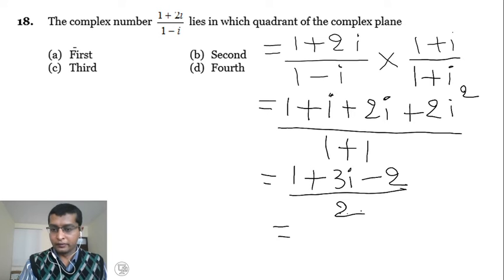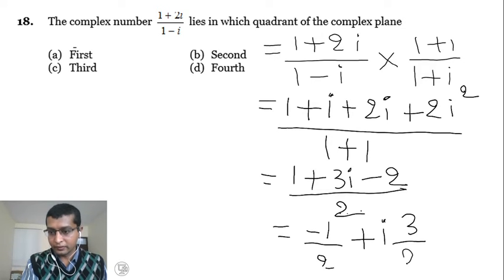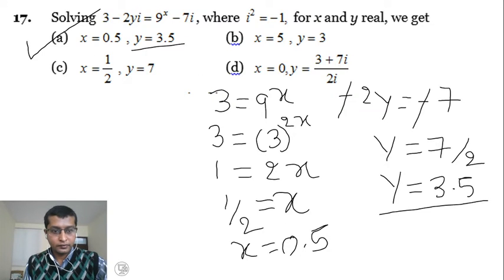So we can write 1 minus 2 as minus 1 divided by 2. This is the real part of the complex number. Plus i, it is 3 by 2. See, in the first slide we have studied. So first coordinate is negative, second coordinate is positive.